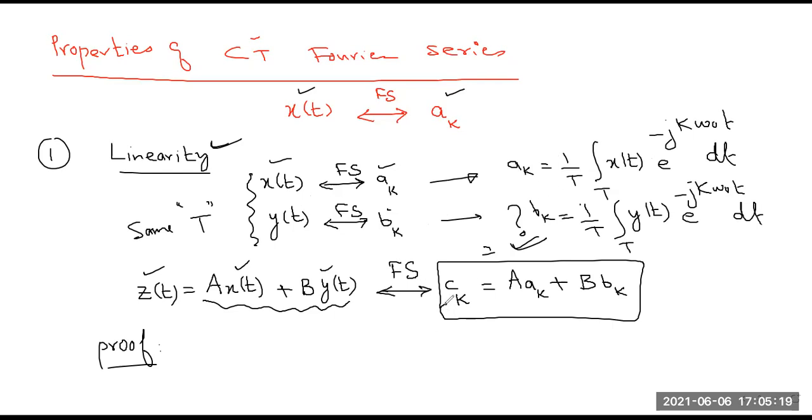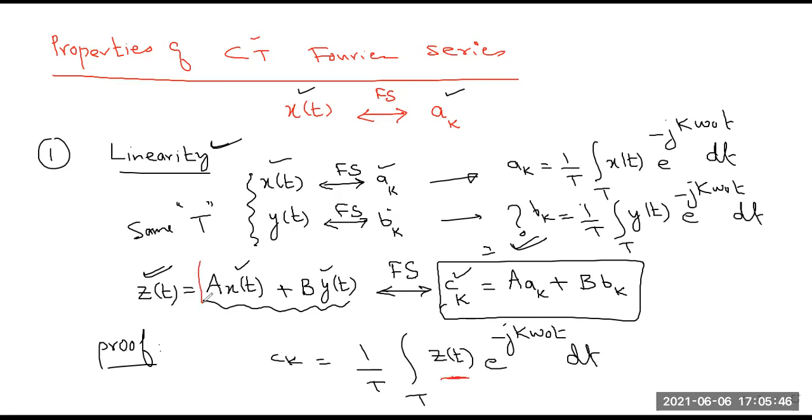So based on this, if I want to find out the relationship of c sub k with z of t, I will say c sub k must be equal to 1 over T integration over 1 period z of t e to the power minus jk omega naught t. But we know that this z of t is equal to this thing, so let me substitute this value over here.